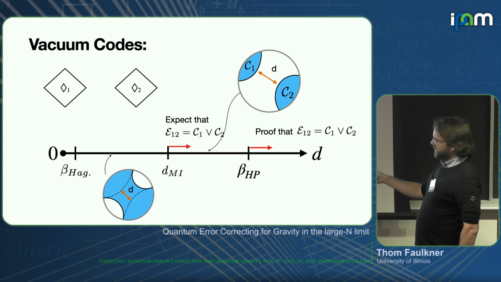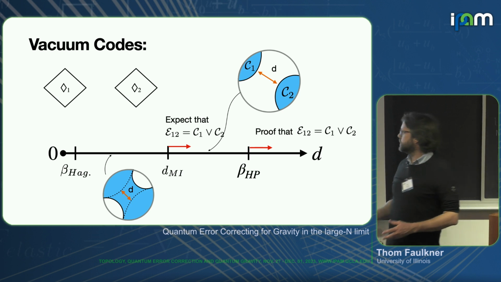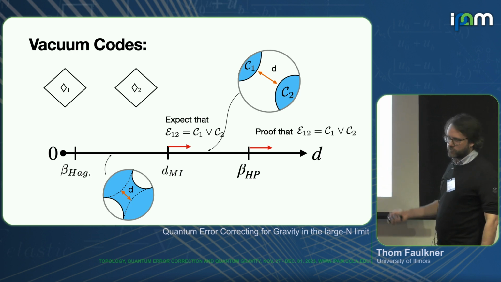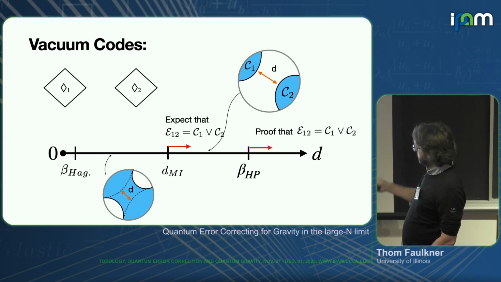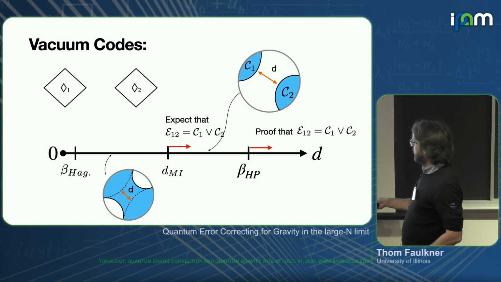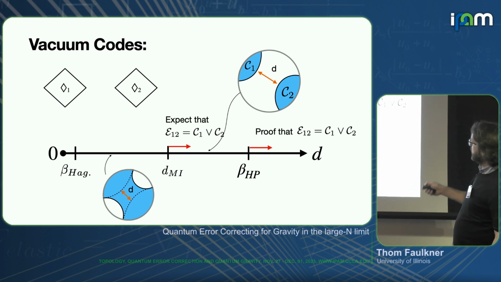Below that, we still expect it to be additive. Our proof doesn't work anymore, so we need to do a better proof here, but we don't know it. We expect at least for sufficiently above some D, we still have additive entanglement wedges.